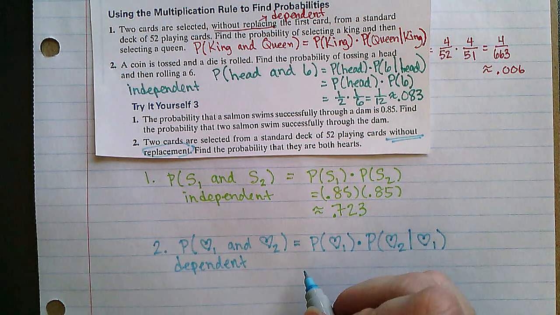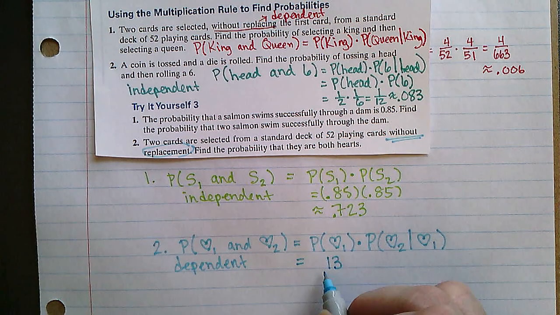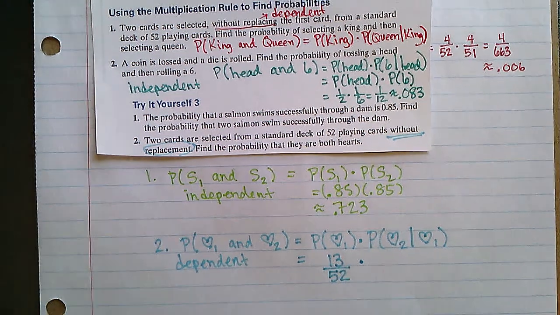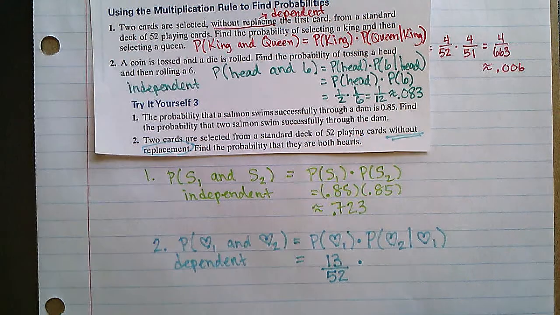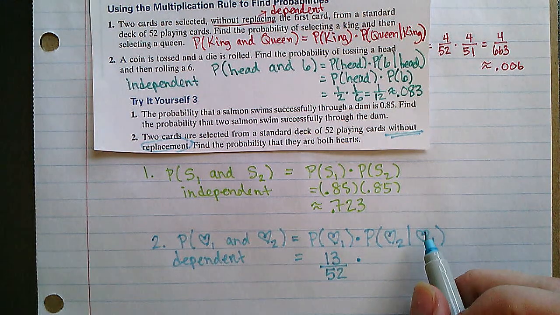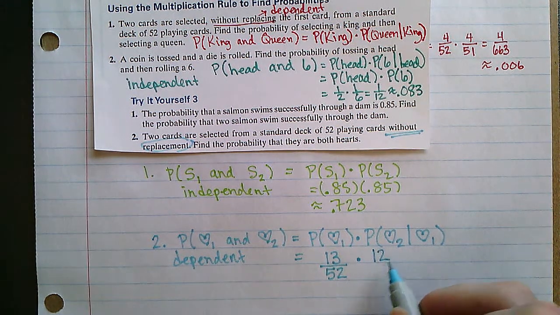So the probability of getting a heart the first time, there are 13 hearts in a deck and there are 52 playing cards. So I need to multiply that by the probability that I get a heart the second time, given that I already drew a heart. So if I already drew a heart the first time, then that means there's not 13 left in there. There's only 12 left in there.